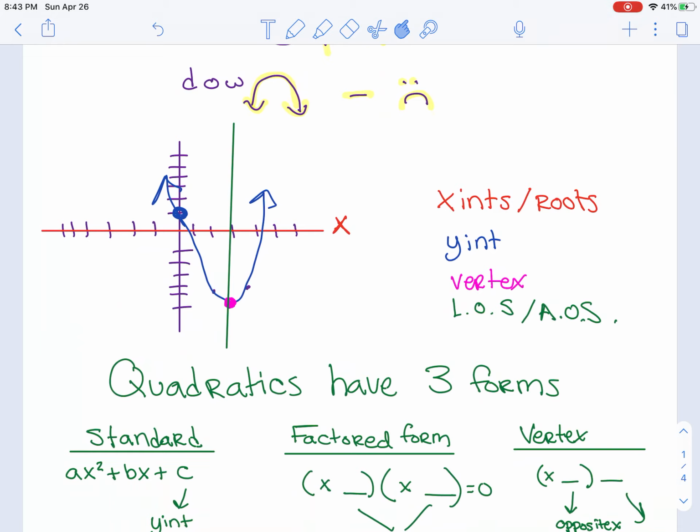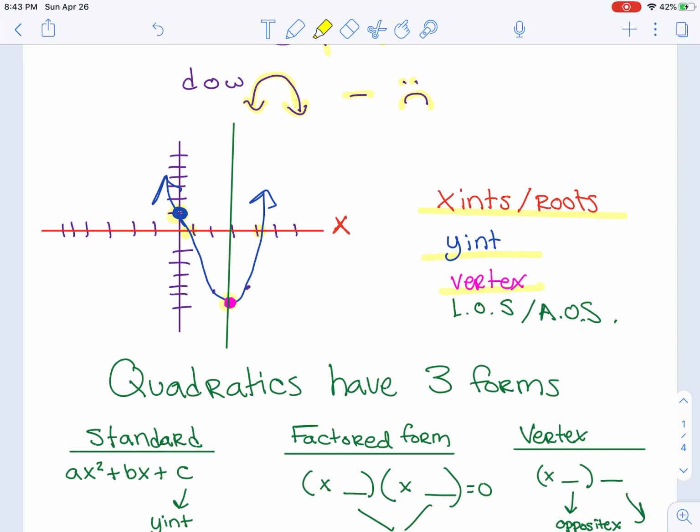When I look at my parabolas, I'm going to have 4 important points, and we're going to make that into 5 actually. So, we'll have x-intercepts, which are also known as roots, and that's where I hit my x-axis. We have the y-intercept, which hits that y-axis.